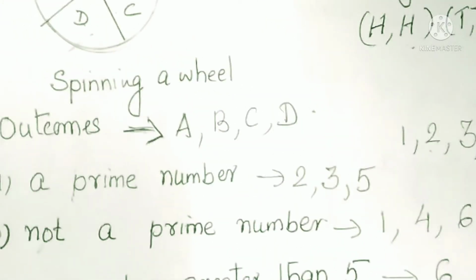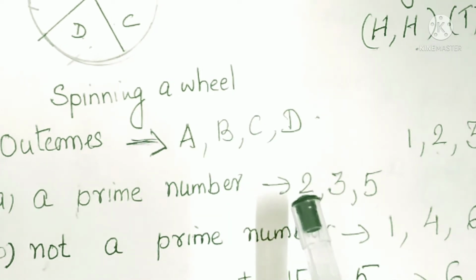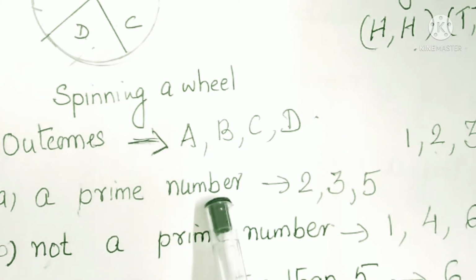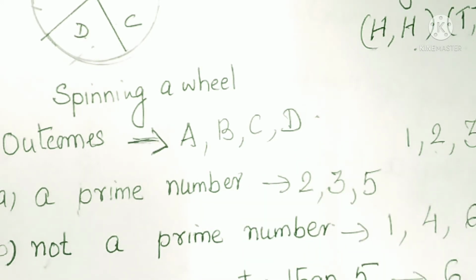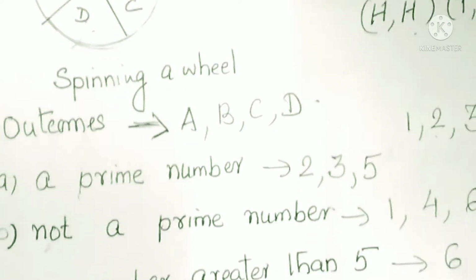Out of this, the question is, list the outcome of an event of getting a prime number. So which are the prime numbers in that group? 2, 3 and 5.